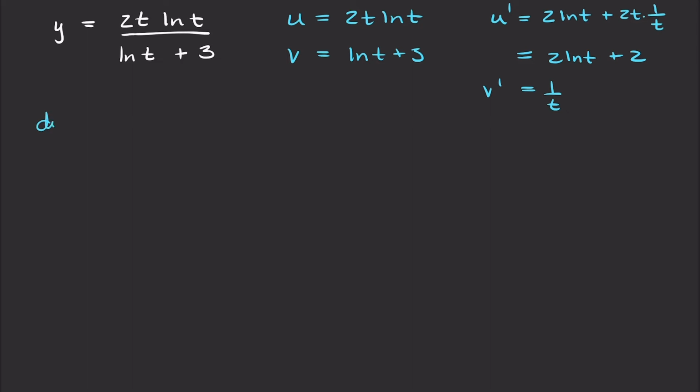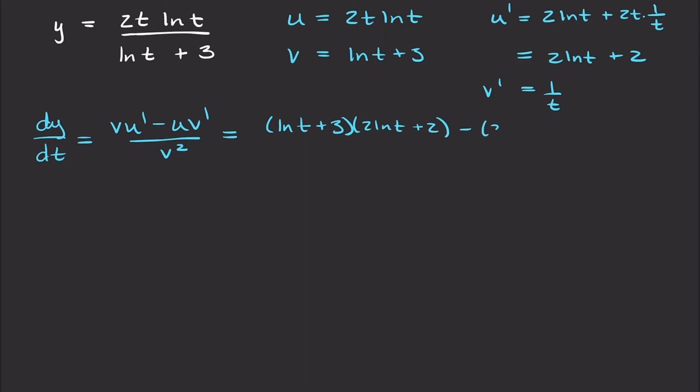And so now my derivative of y with respect to t will be low d high minus high d low all over low squared. So v is going to be ln of t plus 3 times u prime, which is 2 ln of t plus 2, minus u, which is 2t natural log of t, times v prime, which is 1 over t, all over v squared, which is the natural log of t plus 3, all squared.